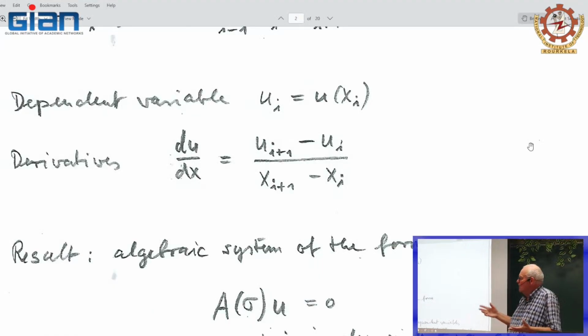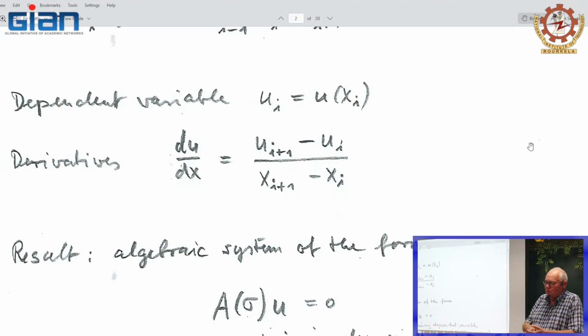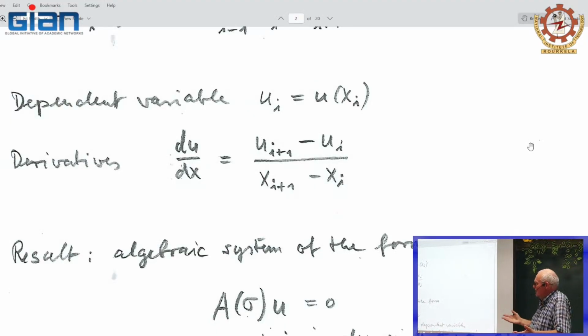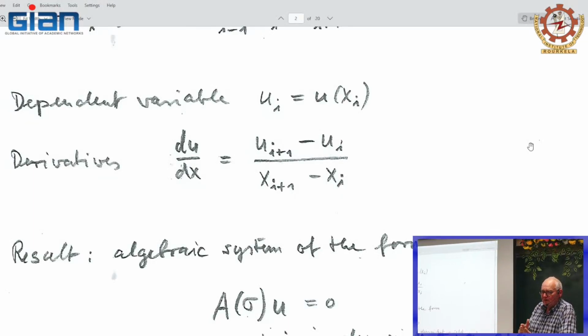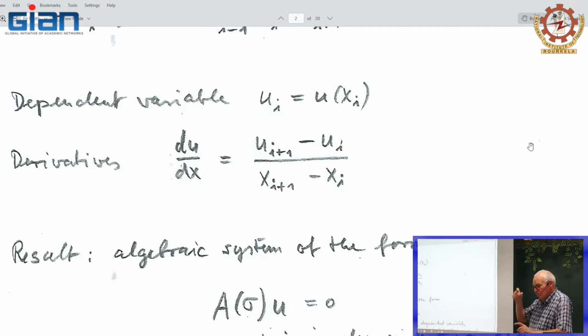So instead of the quantity u, which is the dependent variable, we have a vector of length n, where n is the number of grid points, and u1 is the value of u at grid point 1, un is the value at grid point n. So all the dependent variables now correspond to vectors whose length is equal to the number of grid points.